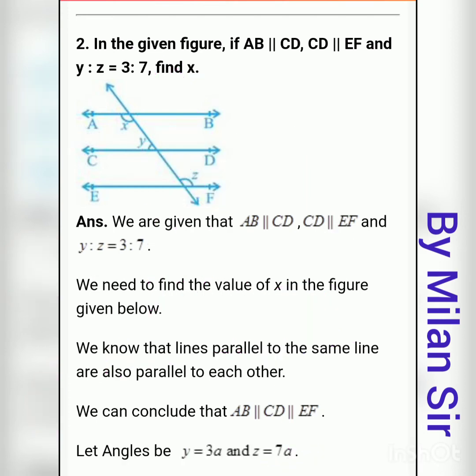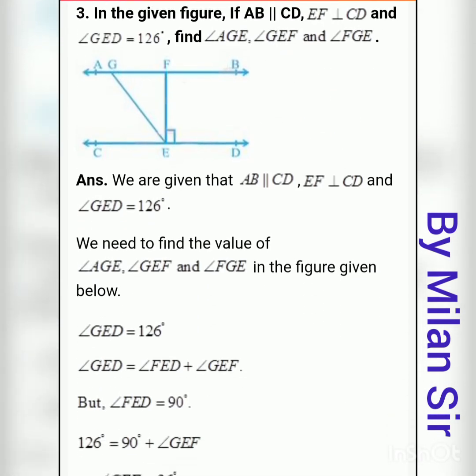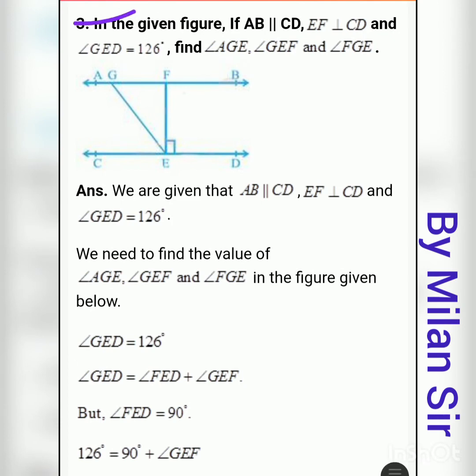Okay, after that, question number 3. In the given figure, AB is parallel to CD and EF is perpendicular to CD. That means here it makes a 90 degree angle. Okay, now angle GED is 126. GED, so this one angle, 126.